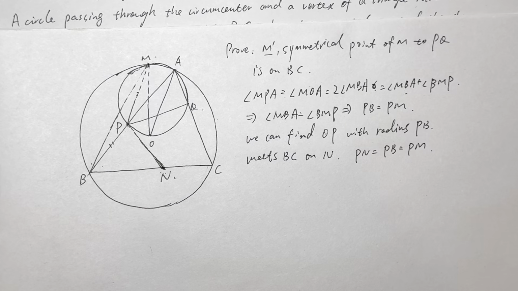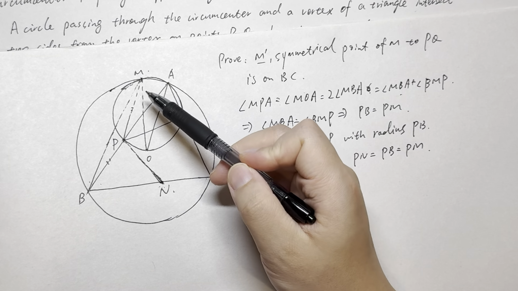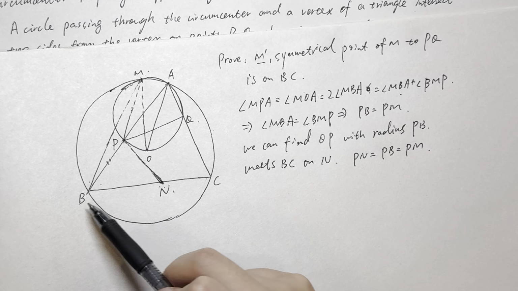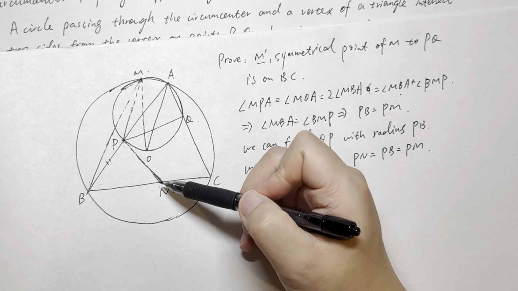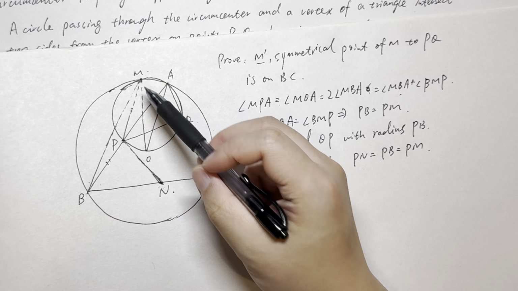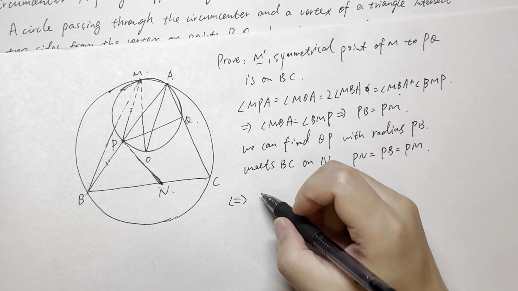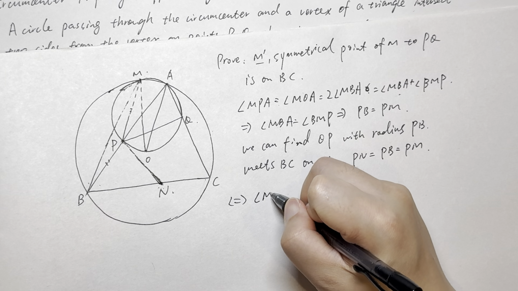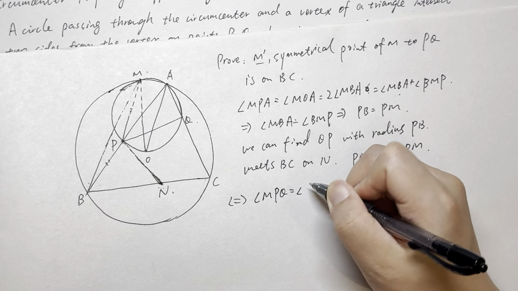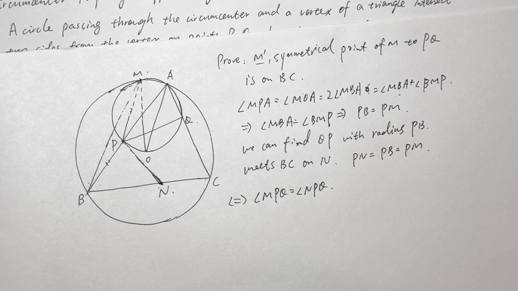And this N is on BC. Now we want to prove that this point N is the symmetrical point of M to PQ. So the problem is equivalent to proving that angle MPQ equals angle NPQ, right?